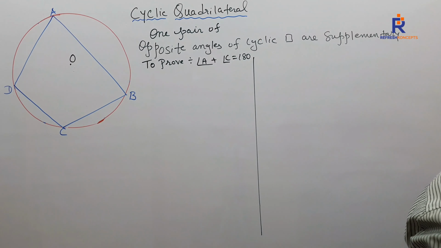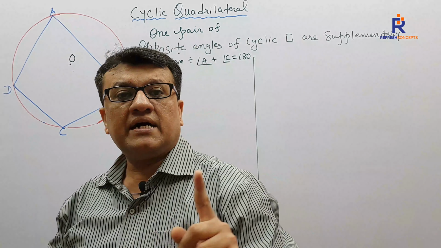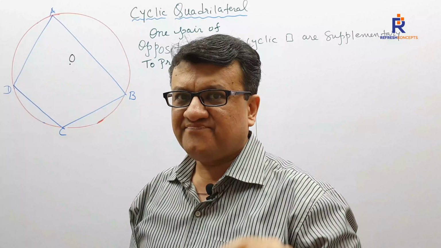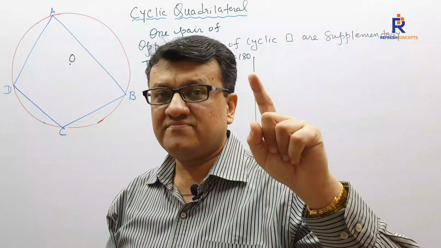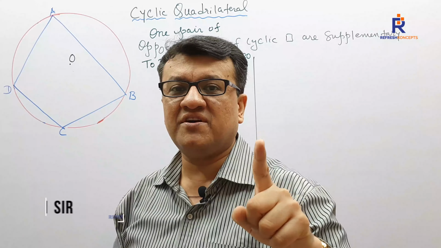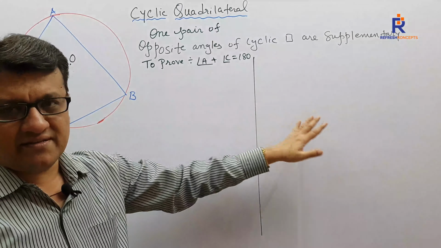Now children, in the previous video, when we learned IAT, the inscribed angle theorem, we learned two versions. One was in terms of central angle, and one was in terms of intercepted arc. Here also, I am going to give you two answers.